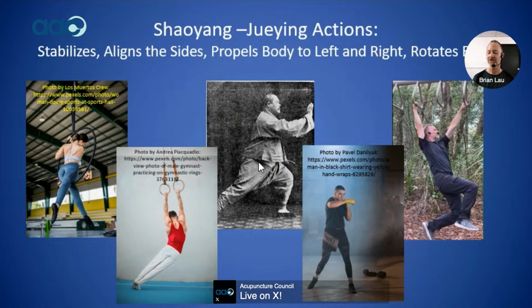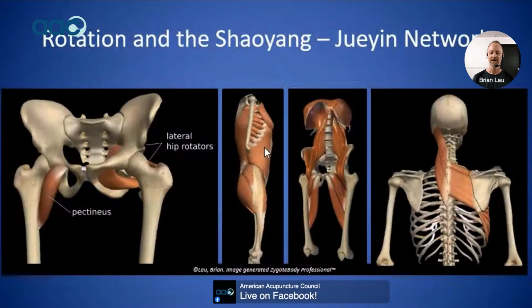So this one is using the stabilizers, and it is using this Jue-Yin Xiaoyang network. But it's not an active movement that you see like you do in this gymnastics ring movement, where you can see an obvious side bending or any of these rotational type movements. So that's why I put that one in there. But all of them feature some aspect of rotation or side bending, all featuring that Jue-Yin Xiaoyang network.